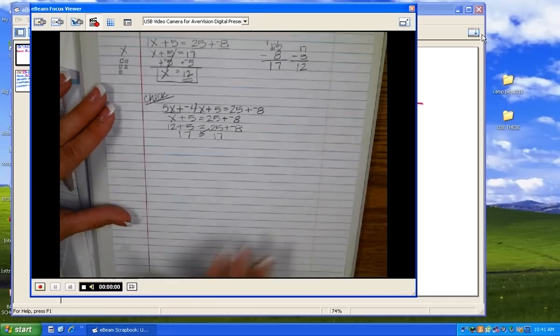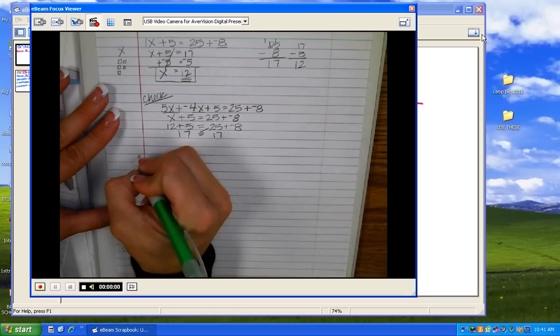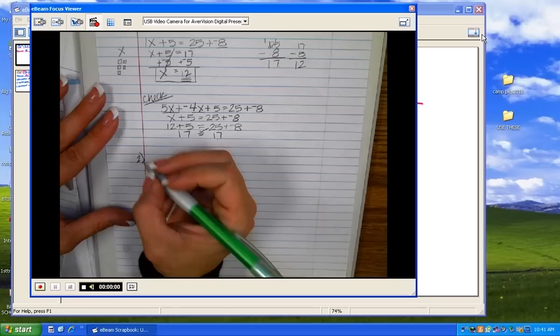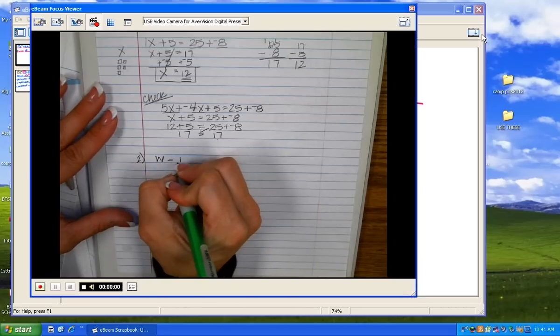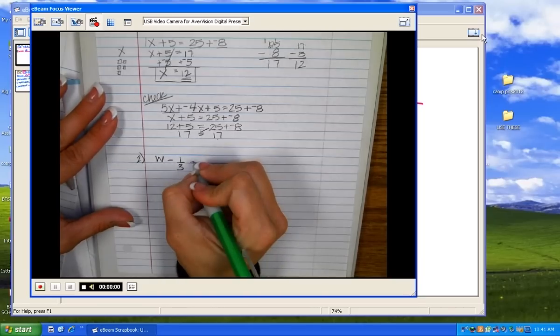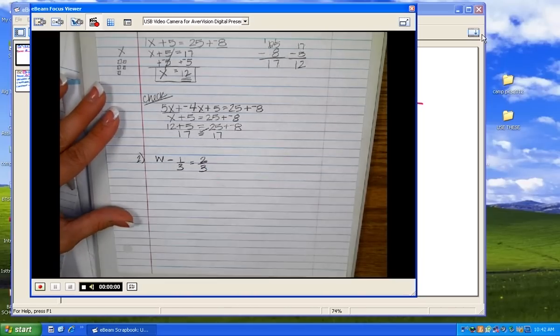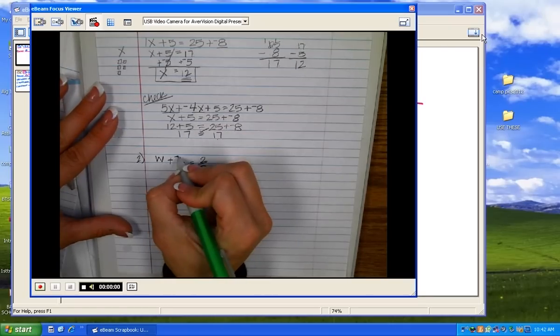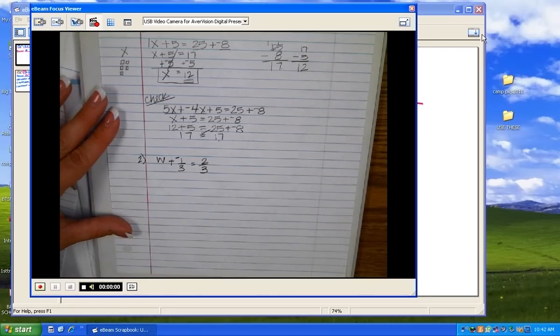Okay, I'm going to do another problem. My next example is w minus 1/3 equals 2/3. Now, I never subtract in algebra. I add the opposite. In order to solve for w, I have to get my w all alone.